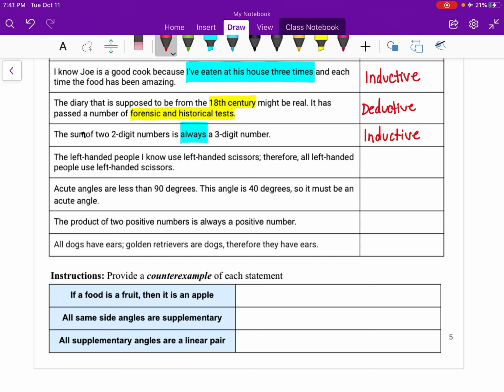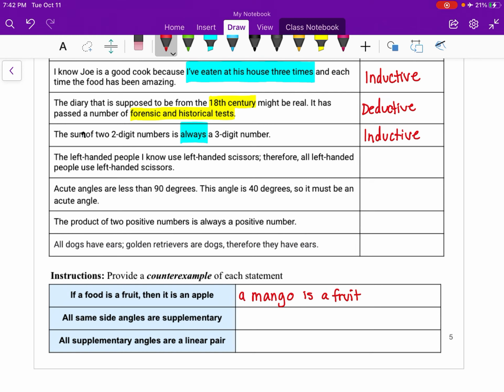The first fruit that comes to my mind that's a counterexample is a mango. So we can say that a mango is a fruit. This is a counterexample that proves that if a food is a fruit, then it is not just an apple.